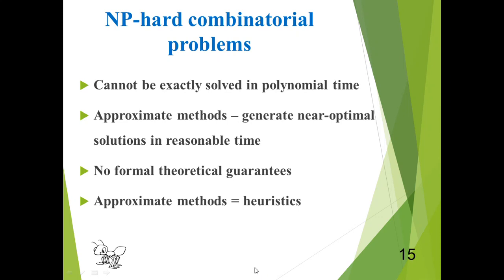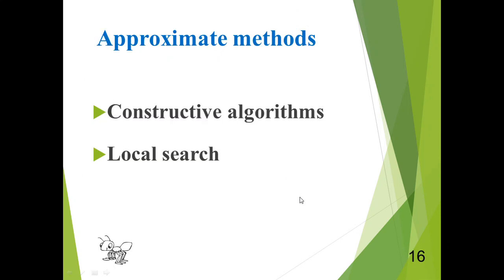Approximate methods generate near optimal solutions in reasonable time, with no formal theoretical guarantees. Approximate methods are heuristics: constructive algorithms and local search.